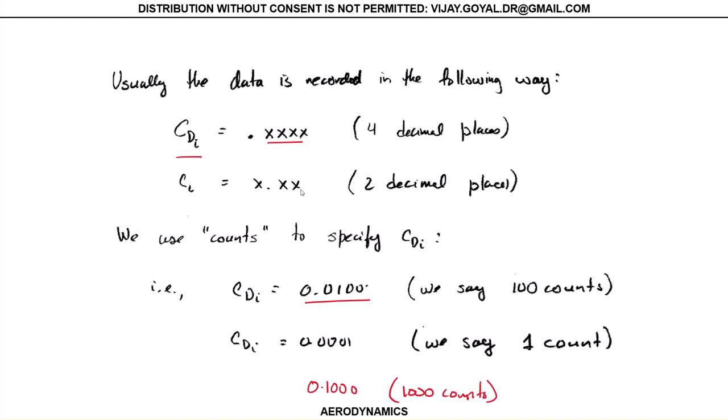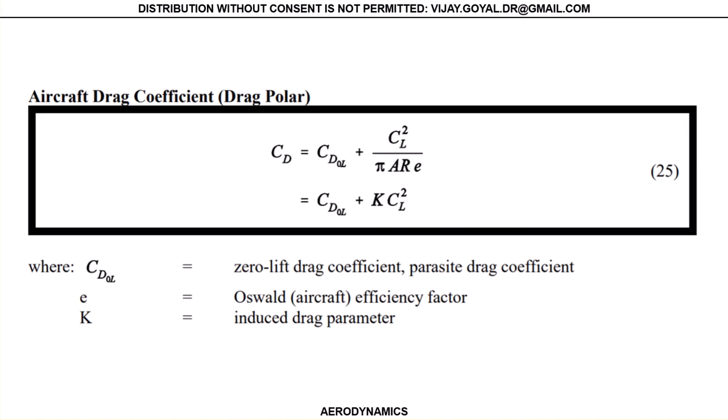Your coefficient of lift typically is given in 2 decimal points, and you have another value there. The most general expression that you can have is given in this plot right here, where your K is this expression right here, this whole thing. This is the Oswald efficiency factor.